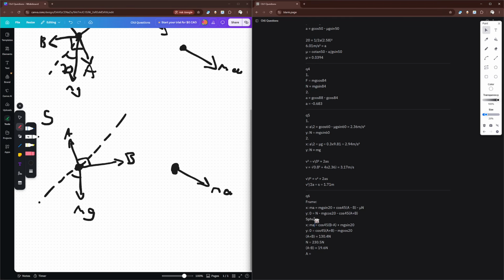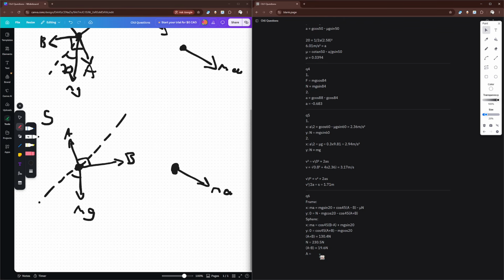These accelerations are the same. A minus b and b minus a, right? So if you have cos 45 a minus b, you solve for the accelerations because they're equal. And then that would get you what a minus b is. Because this is just negative a minus b, you'd make this negative. So you get cos 45 a minus b minus cos 45 a minus b. Something like that. But it allows you to solve for what a minus b is equal to, which we got here, 19.6.